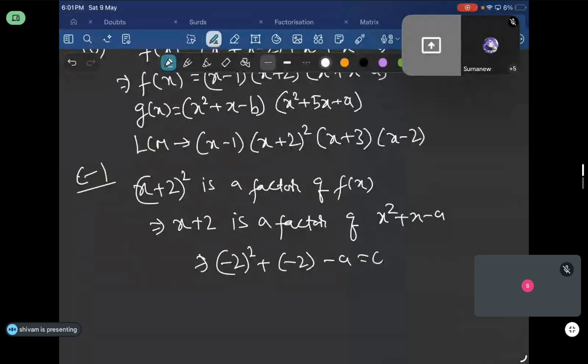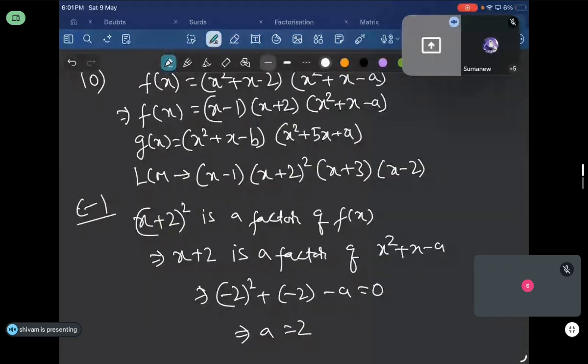This is one case, right? So in this case, let us find out what is the value of b. Okay. So if a equal to 2, if you substitute a equal to 2 over here, will you be able to factorize it?